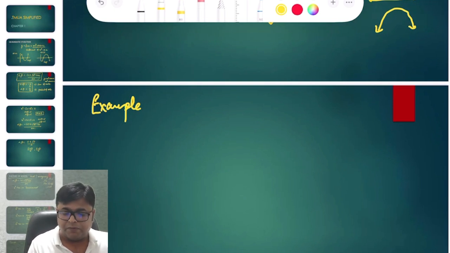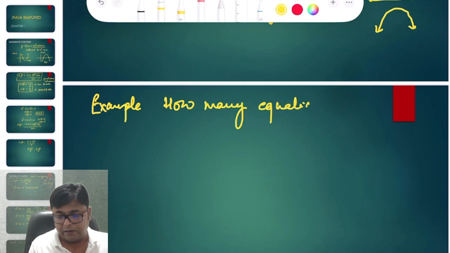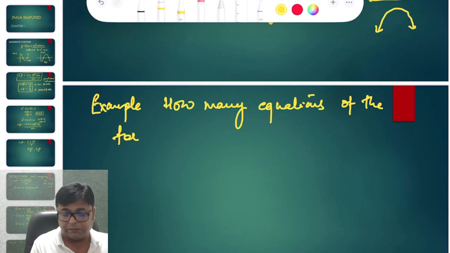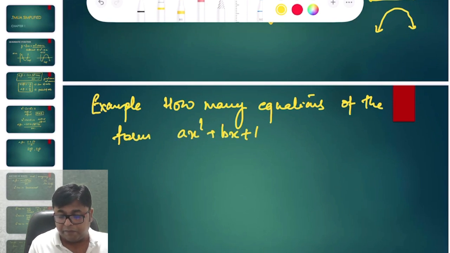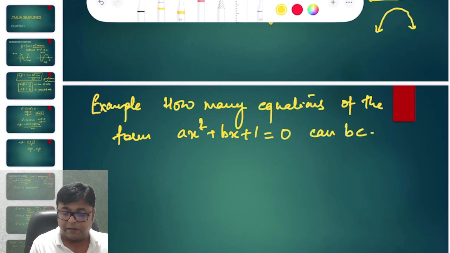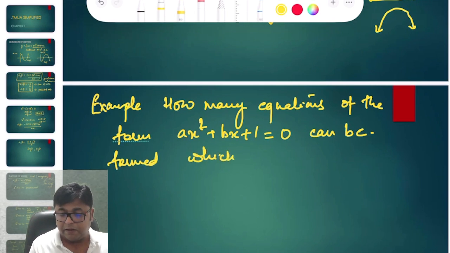Like, for example, suppose I tell you, how many equations of the form ax square plus bx plus c equal to 0 can be formed which have real roots.